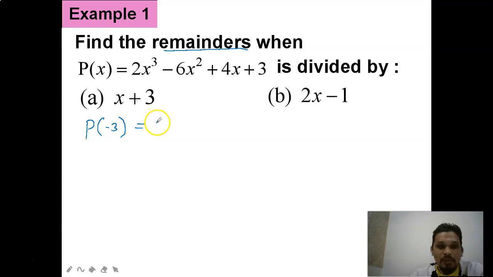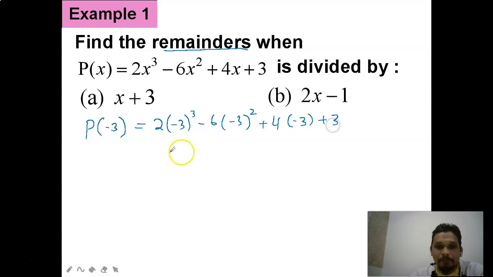So we substitute negative 3 into 2 times negative 3 cubed minus 6 times negative 3 squared plus 4 times negative 3 plus 3. Negative 3 cubed is negative 27, times 2 is negative 54.